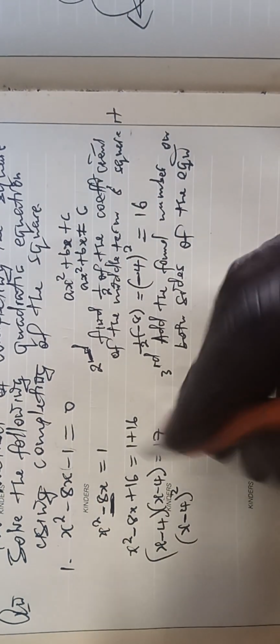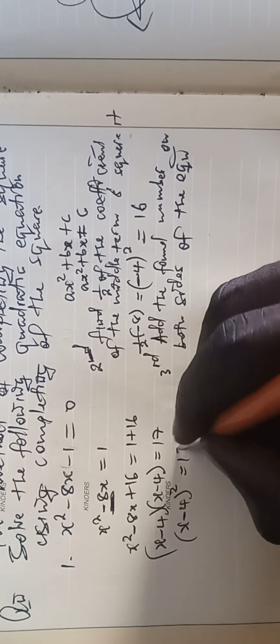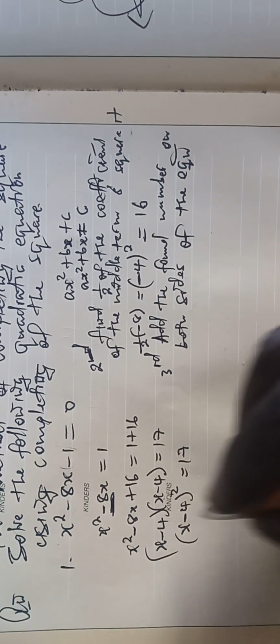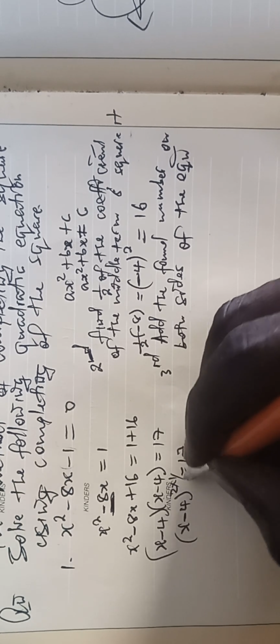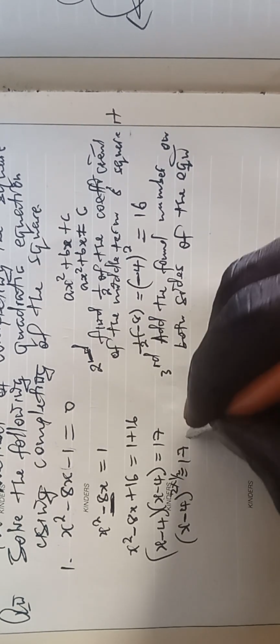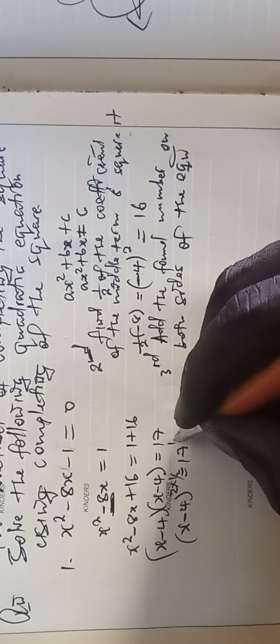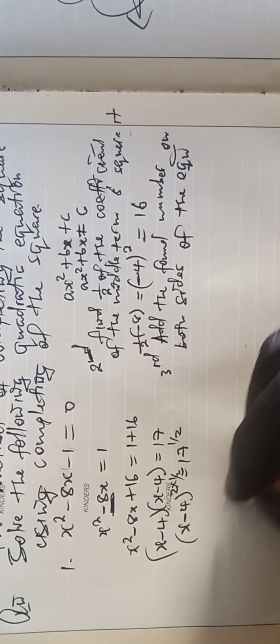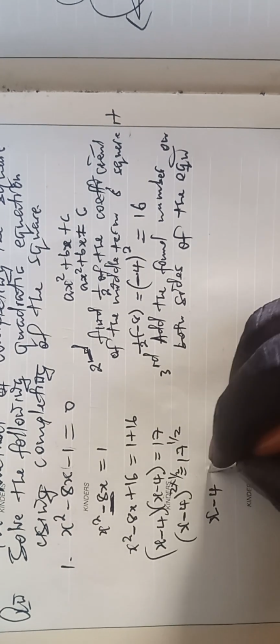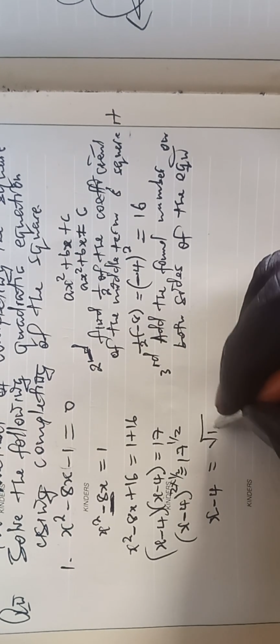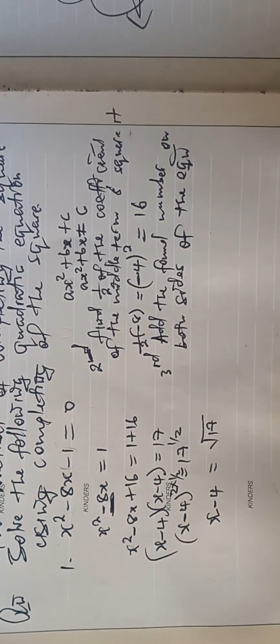Now we have x minus 4 squared equal to 17, and we clear this power 2 by raising both sides to the power of half. Here on this side, we also raise this 17 to the power of half, which will give us x minus 4 equal to plus or minus square root of 17.